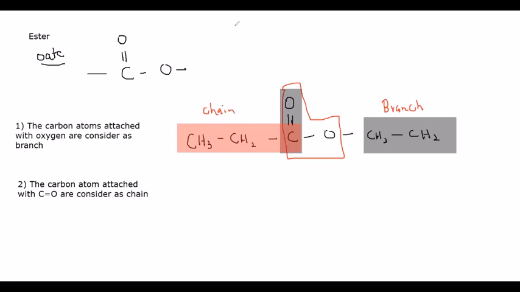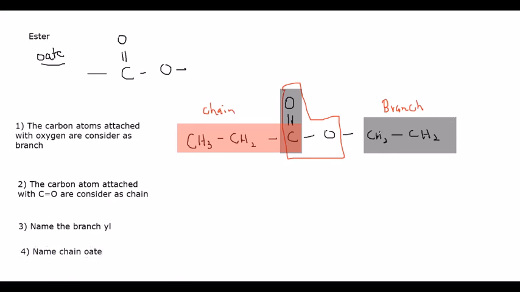How do we name this, the rule for naming: first we will name the branch, and the branch should always have YL in the end, and then we will name the chain, and it should have oate at the last.